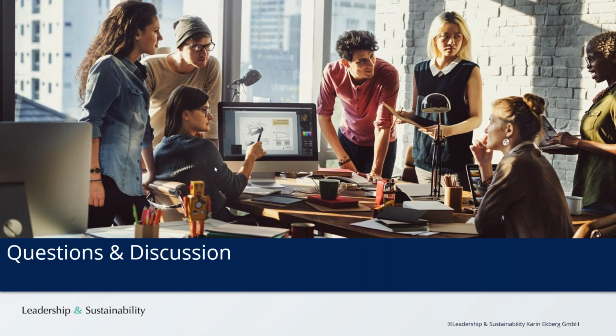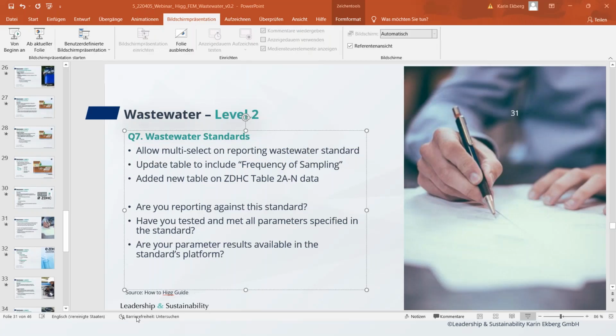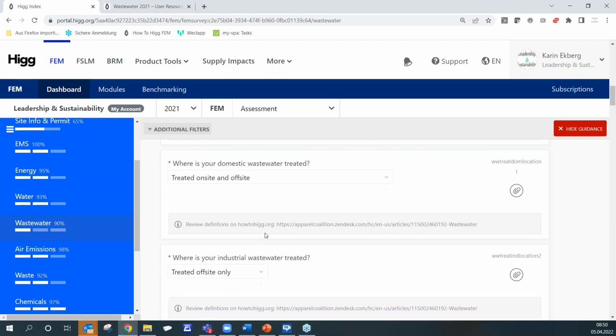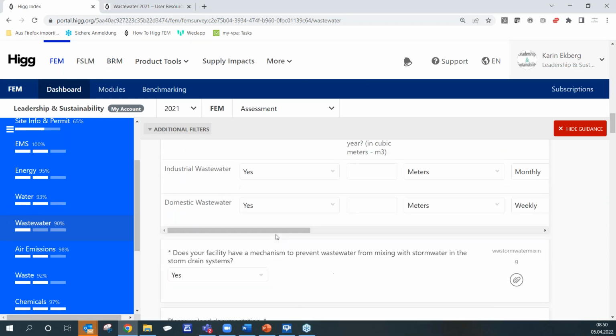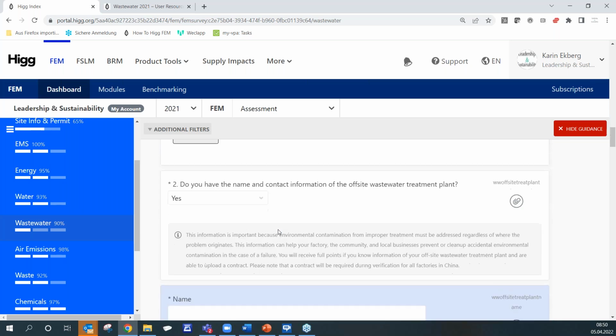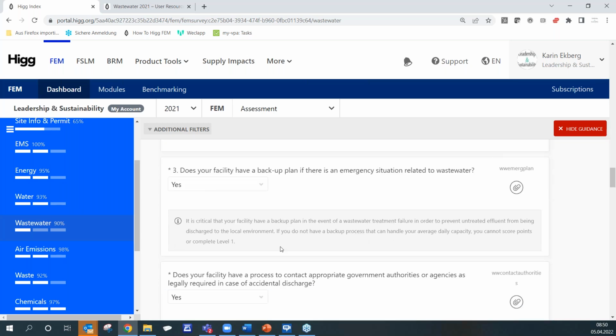And yes, I actually think we can go and have a look in the module. I wonder if there is not one question where, here we have the drainage and then regarding the backup plan here. So in this case, does your facility have a backup plan if there is an emergency situation related to wastewater?